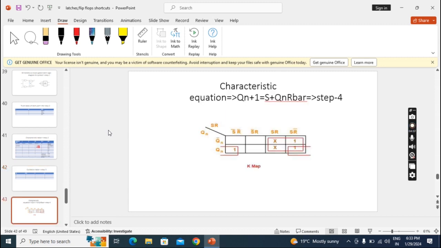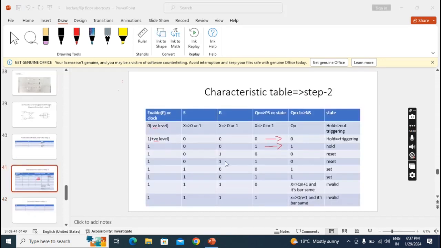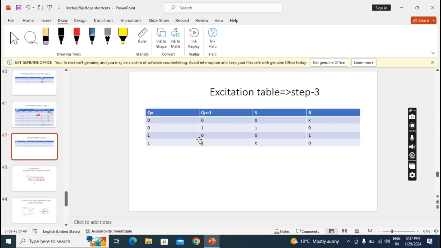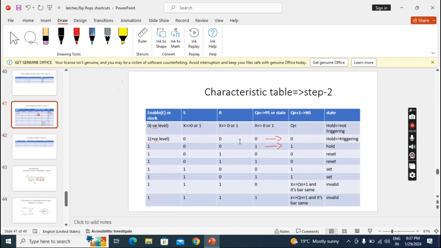Now the characteristic table. What is meant by the characteristic table? We have to determine the next state Qn plus 1 value by assuming data inputs and present state as K-map variables. Okay. So from the characteristic table only we have to do the characteristic equation. Here we determine this Qn plus 1 next state by assuming Qn and SR as K-map variables.